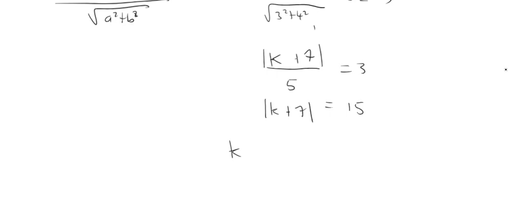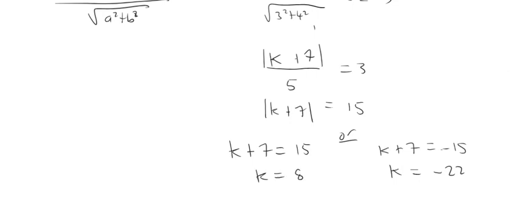So k plus 7 is 15, or k plus 7 is equal to minus 15. So k is equal to 8, or k is equal to minus 22.